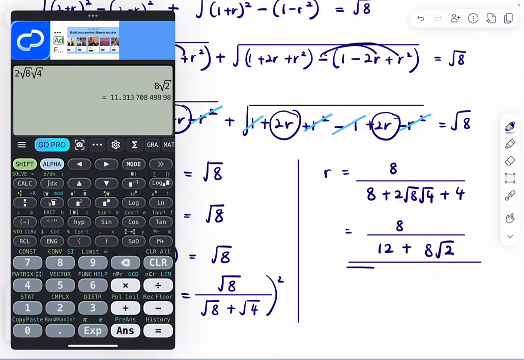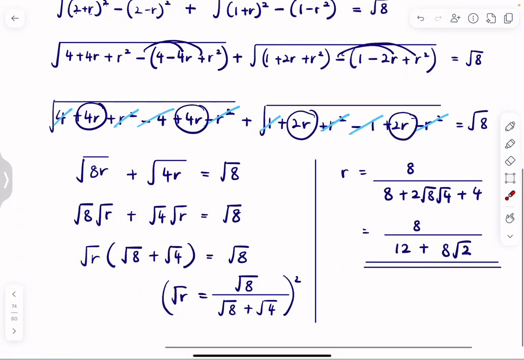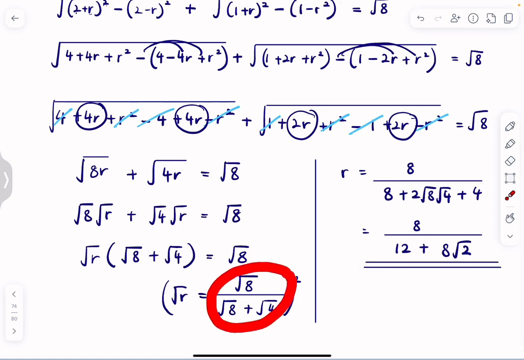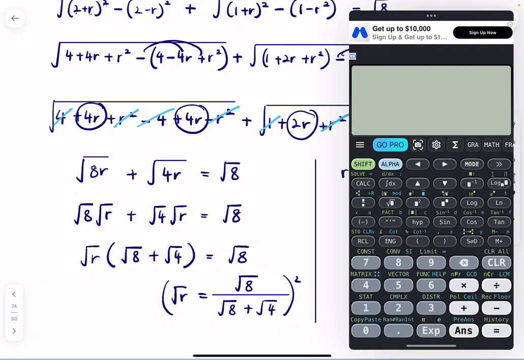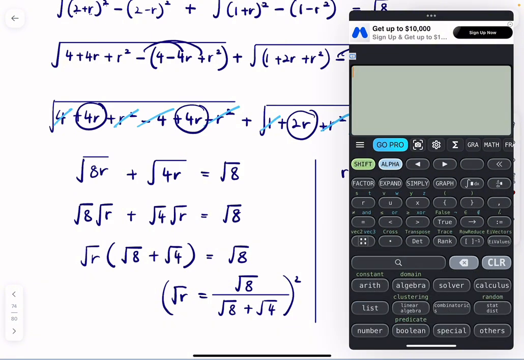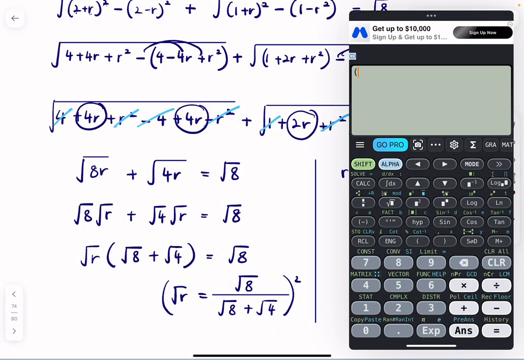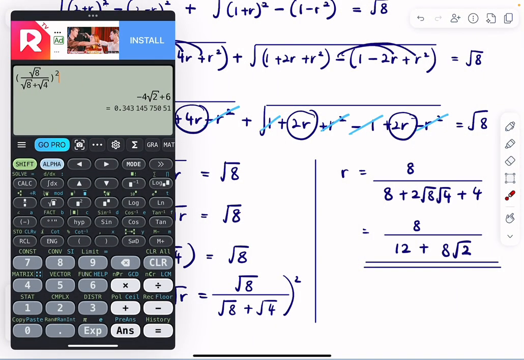But what you can also do is type this whole thing squared straight into your calculator. Surd 8 over (surd 8 plus surd 4), this whole thing squared, we get 6 minus 4 surd 2.